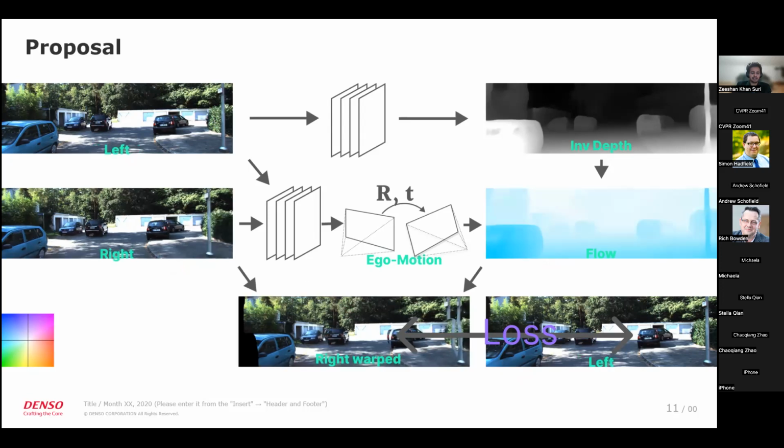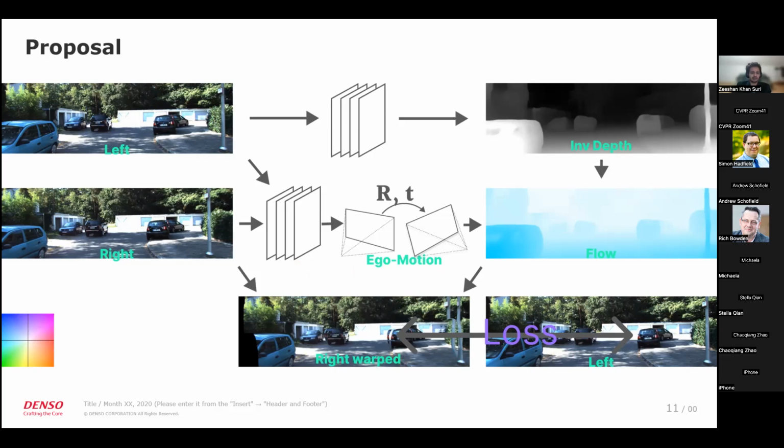Here in the stereo setting, we already knew the ego motion, so we didn't have to use the network. But my proposal is that we also use the network for the left and right stereo case, and still estimate the ego motion between the left and right image, and then do the rest similar to the monocular case.